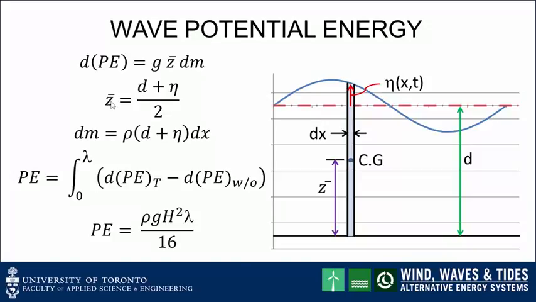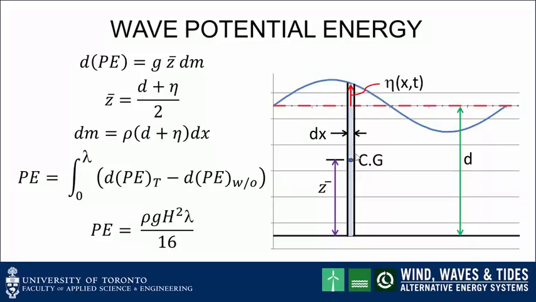The height is the height of the center of gravity of the differential element, which has a width dx, and that height is simply the depth of the water plus the wave position relative to the mean water height, so d plus eta over 2. The element of mass is the density times its volume, so our length is d plus eta times dx in this dimension. Again, the third dimension is into the plane of the slide, so that's per unit wave crest length.